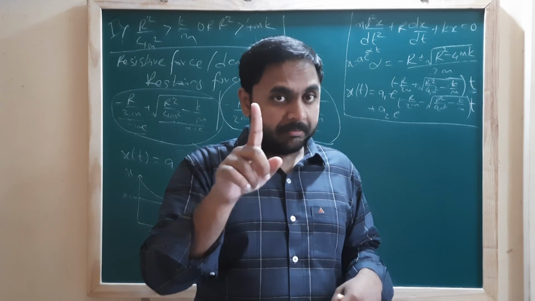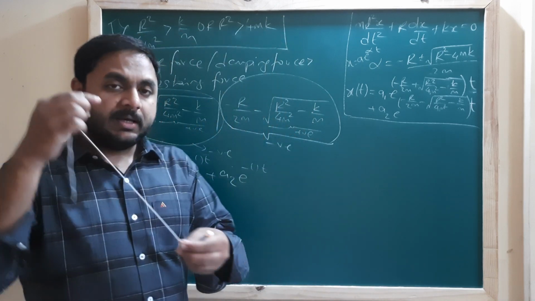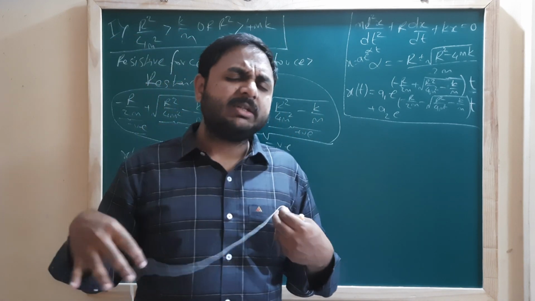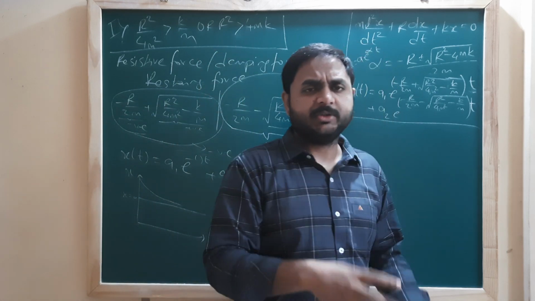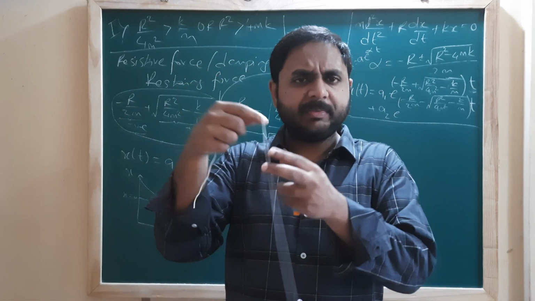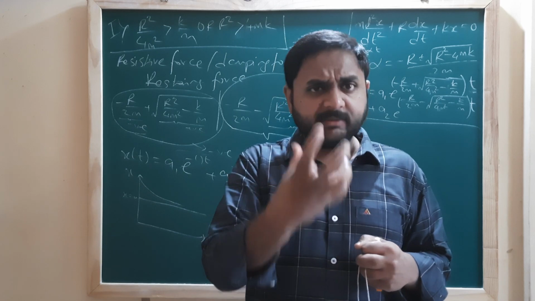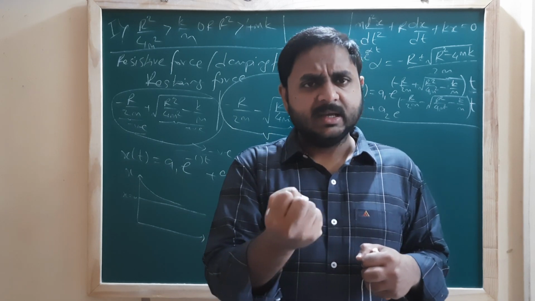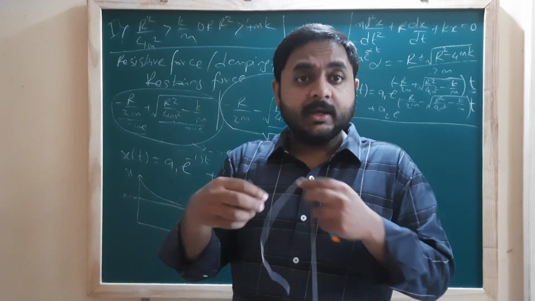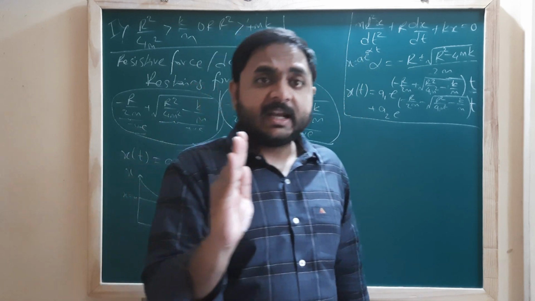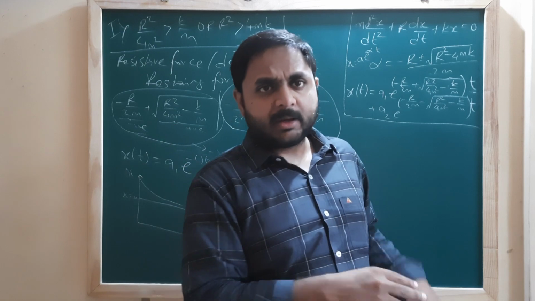Because of that, it will come back to its mean position very slowly. It will take a long time to come back. Imagine placing this simple pendulum in some very thick liquid, not even water, something even more viscous, some kind of thick oil, and then you allow it to swing. You will see that the pendulum comes back with great difficulty to its mean position. It won't come back quickly.